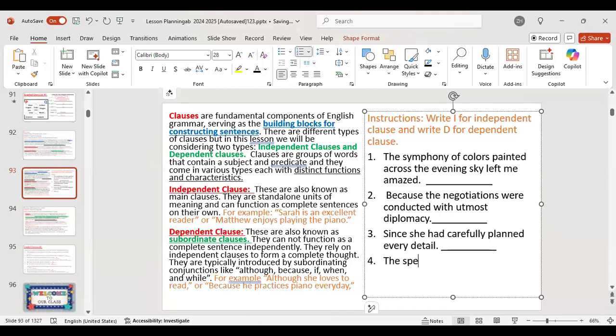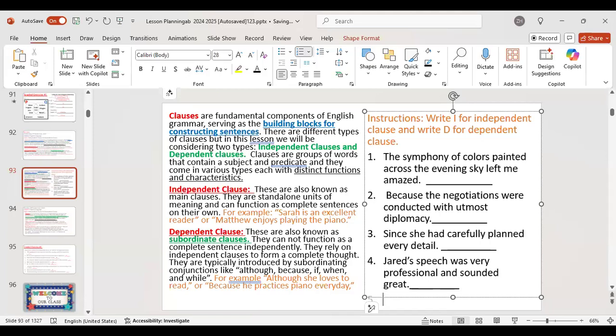Number 4, Jared's speech was very professional and sounded great.